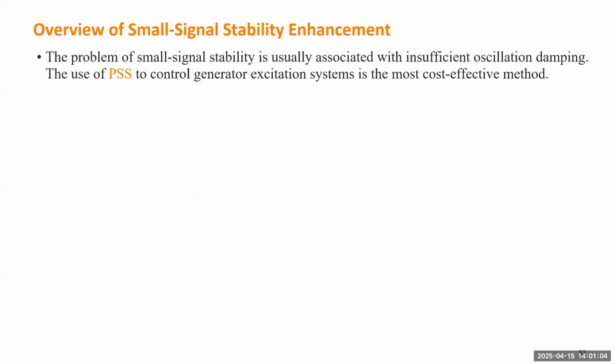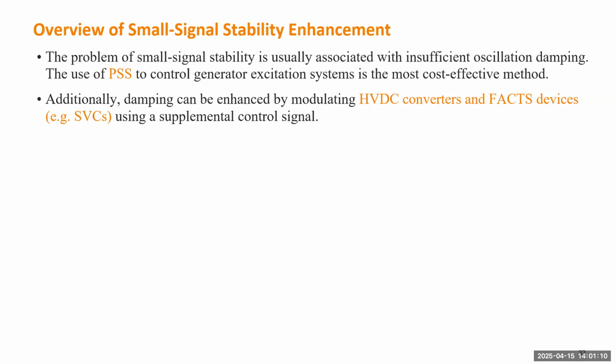But the PSS is utilized at generators with an excitation system. We can also improve damping through HVDC converters or fast devices such as SVC. SVC is mainly used for voltage control to provide dynamic reactive power, but it can also provide damping.